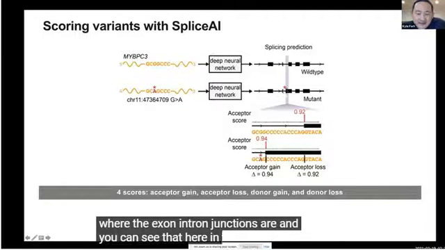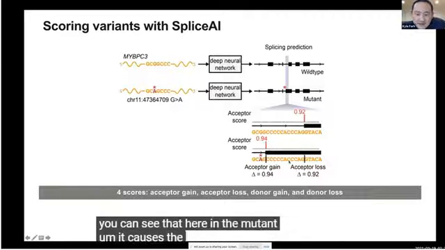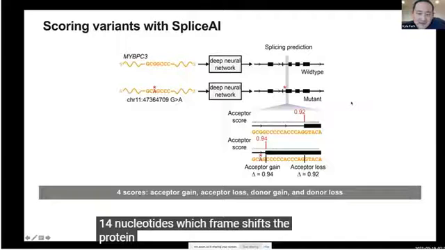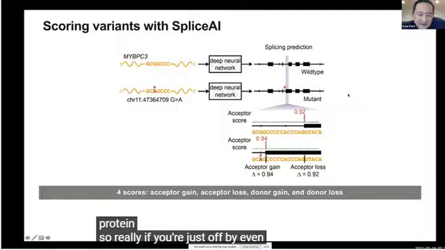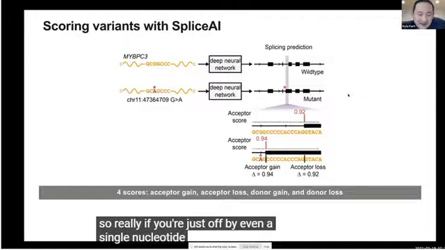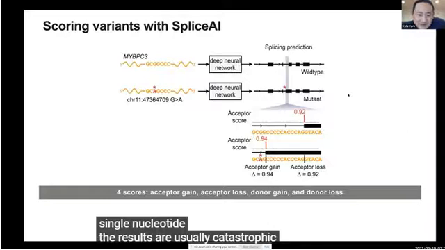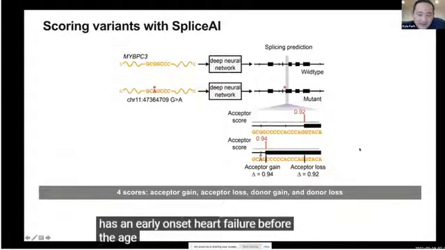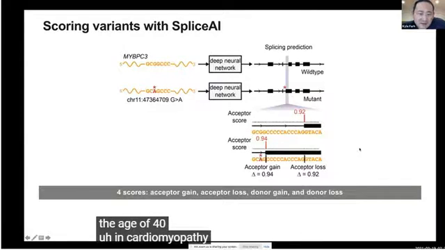And you can see that here in the mutant, it causes the exon to be extended 14 nucleotides, which frame shifts the protein. So really, if you're just off by even a single nucleotide, the results are usually catastrophic. And in this case, this person has early onset heart failure before the age of 40 in cardiomyopathy.